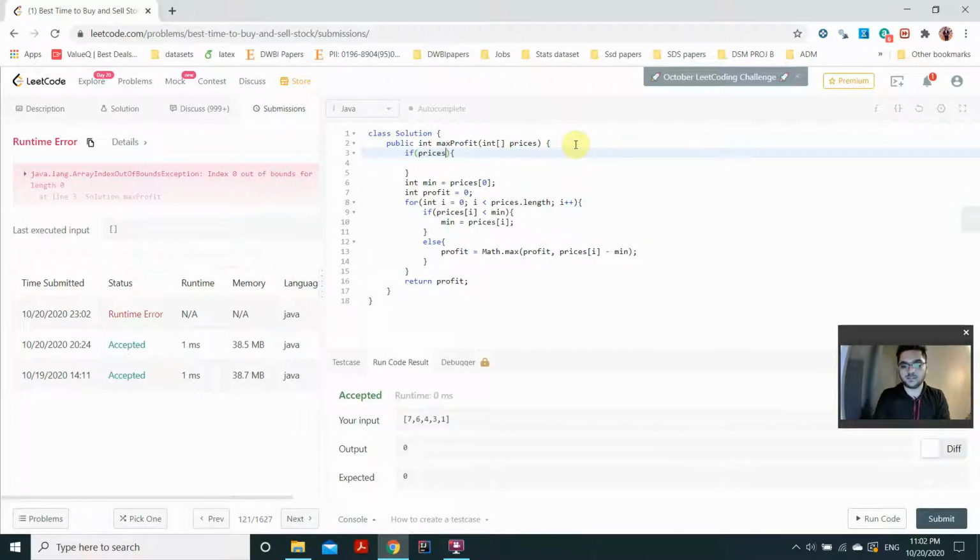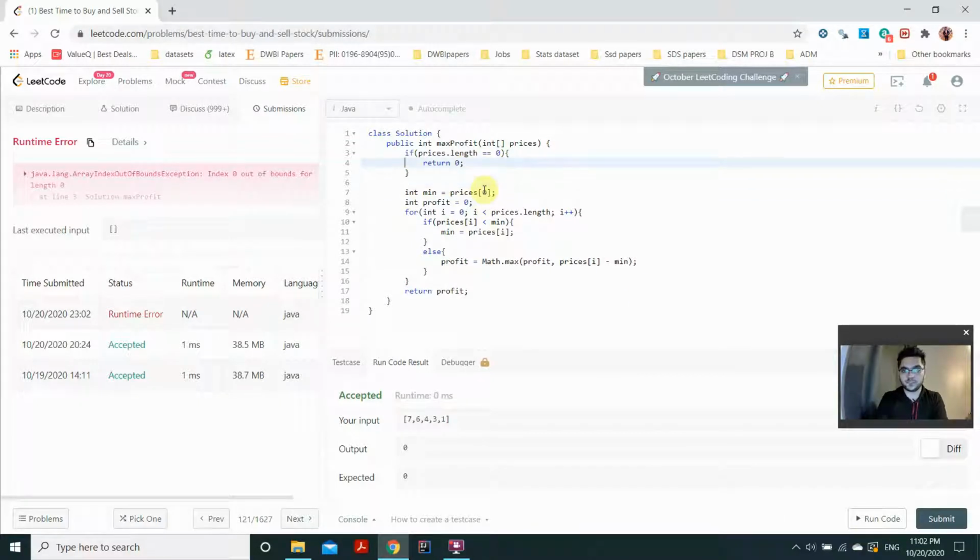So if prices dot length equals 0, return 0, right? Or we can always put one more condition: even if the length is 1, we should return 0, since if there is only one input value, we can't buy and then sell the share. So let's submit it.